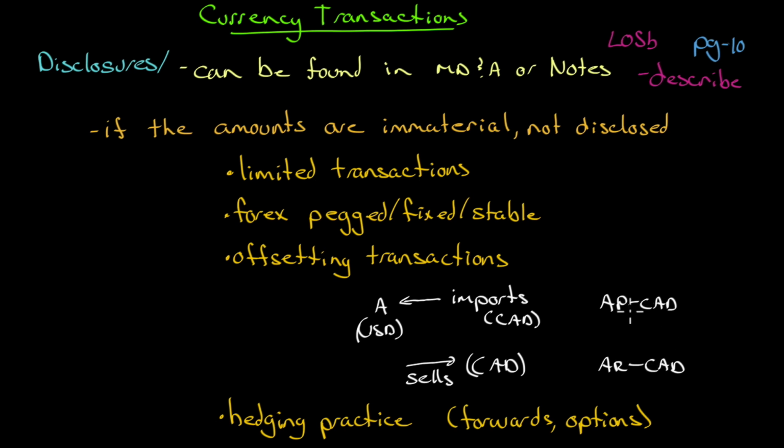So because it has incoming Canadian and outgoing Canadian, when they net out, the net foreign currency exposure may actually be nil. Even though they may be large numbers on their own, the amount coming in and the amount going out result in almost nothing to declare. Which means, well, they'd still declare, but there'd be no reason to disclose it because it's just too immaterial.